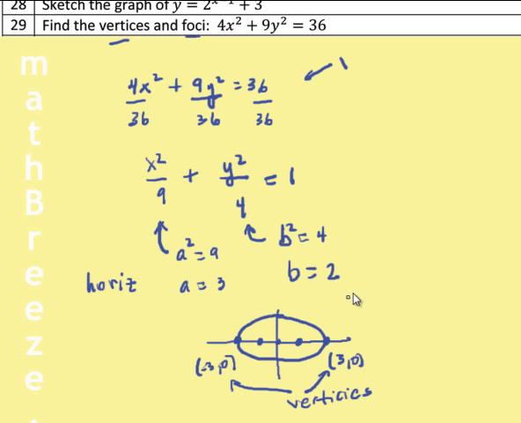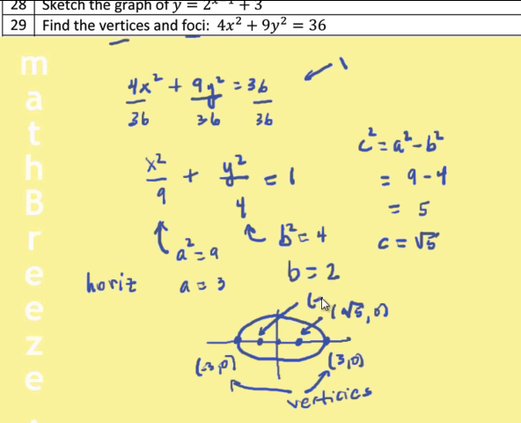Well, we have our little equation. c squared is equal to a squared minus b squared. So that's 9 minus 4. So c is square root 5. And here are the foci. This is (square root 5, 0) and (minus square root 5, 0). So that answers the question. Foci, vertices.